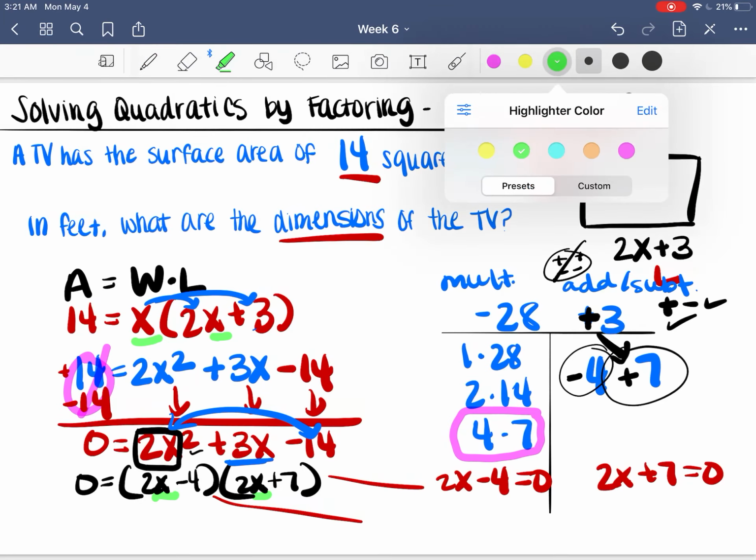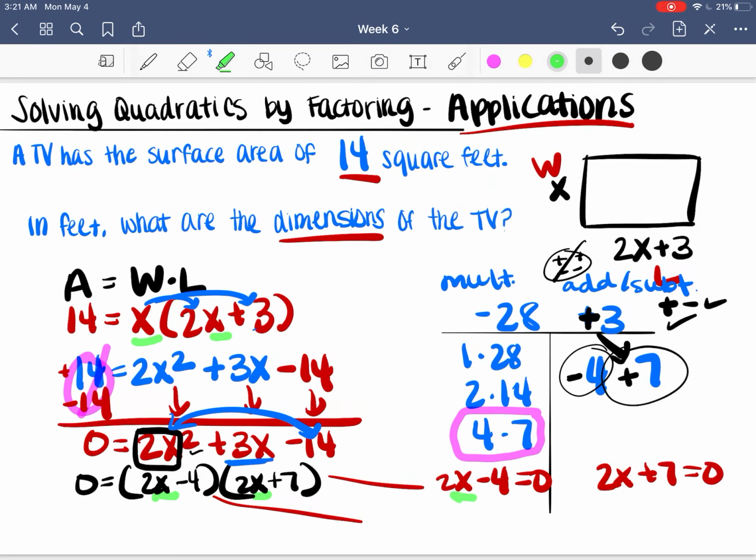All right, my goal again is to get the x alone. So I'm going to do the opposite of everything so that I can get that x alone. So I would add 4 to both sides, and I would divide both sides by 2. So 4 divided by 2 gives me 2.